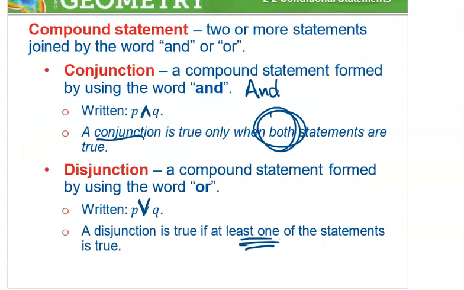So before we move on, just remember a conjunction: both of these have to be true in order for the statement to be true. And then the or just has to do with or. So think about it, I had a muffin or a taco for breakfast. So I had a muffin for breakfast. So yeah, the statement I just made was true.